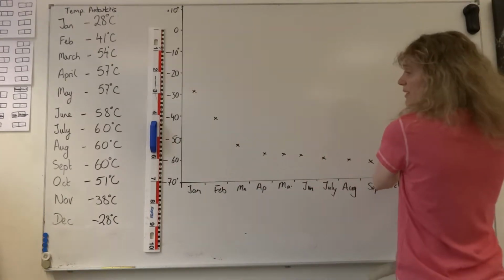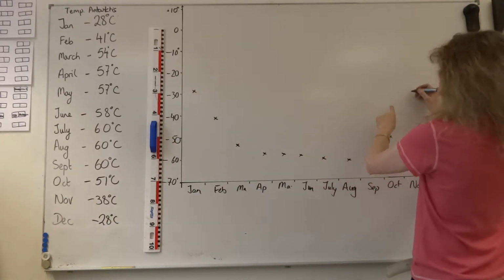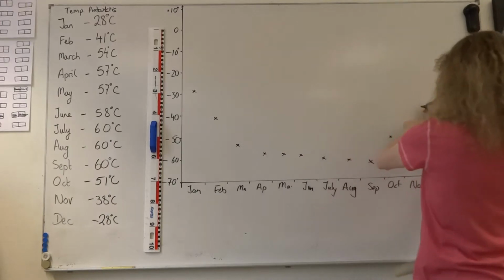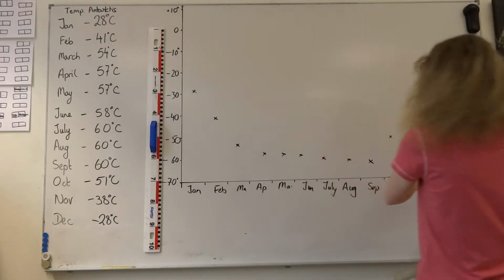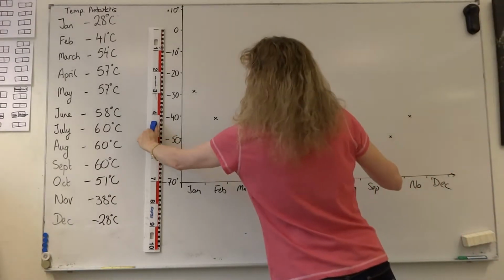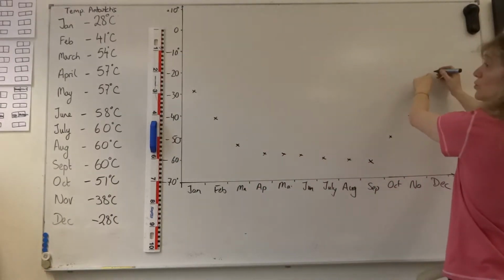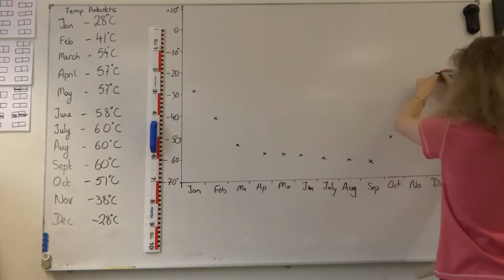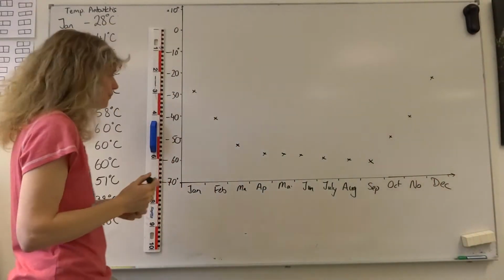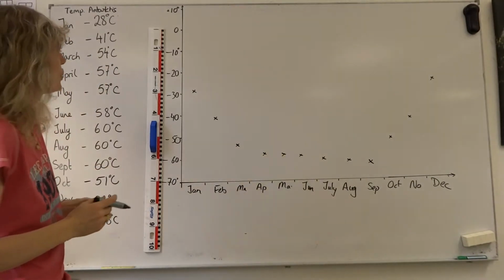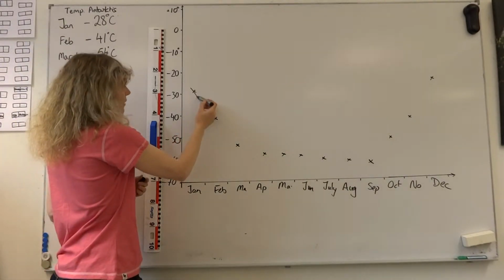November -38, which is about here. And December -28, which is about here. And of course in your books you've got lined paper, so you've got a much bigger advantage than me. So your graphs should look something like this. These are the average temperatures.